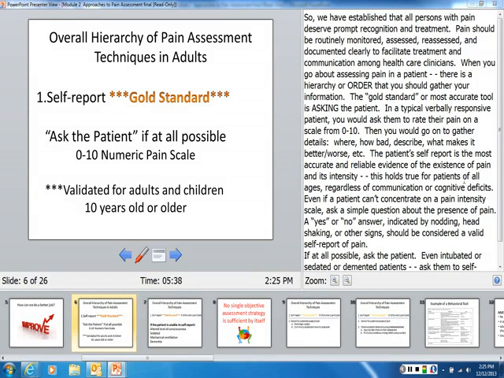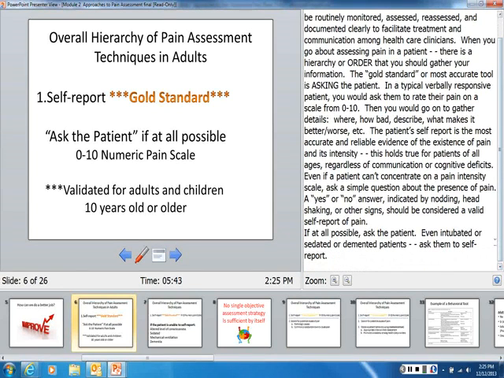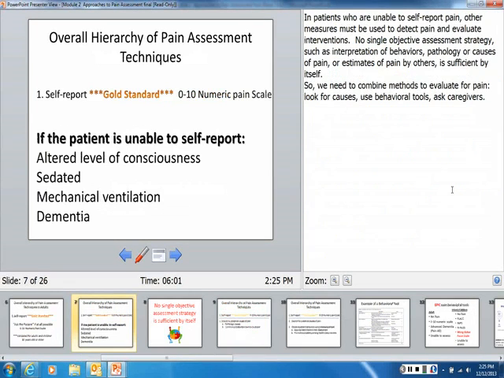Approach every patient and ask if they're having pain, even intubated, sedated, or demented patients, to see if they can self-report. The 0 to 10 numeric pain scale has been validated for adults and children 10 years or older. Now, there are patients, obviously, that are unable to self-report.